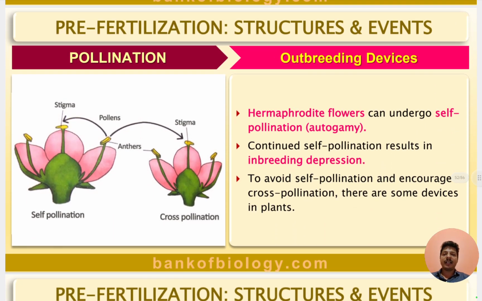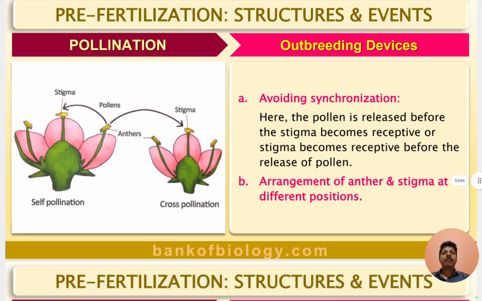Next is outbreeding devices. Hermaphrodite flowers, meaning bisexual flowers, can undergo self-pollination, that is called autogamy, and continued self-pollination results in inbreeding depression, as I told you. To avoid self-pollination and encourage cross-pollination, there are some devices in plants. First of all, avoiding synchronization.